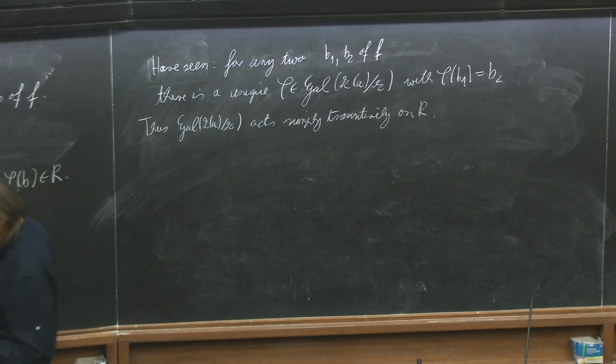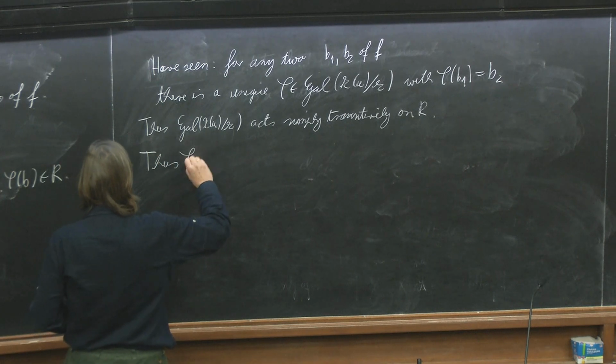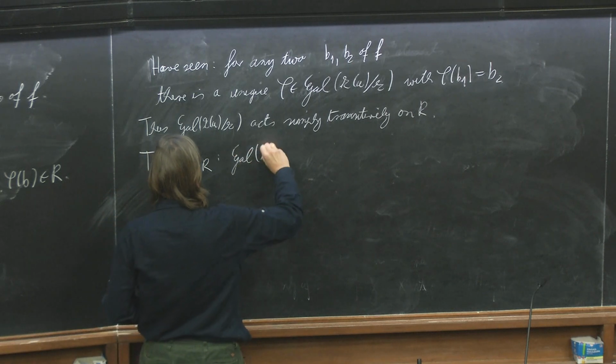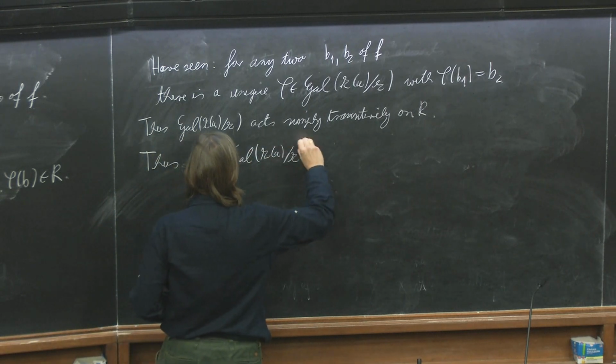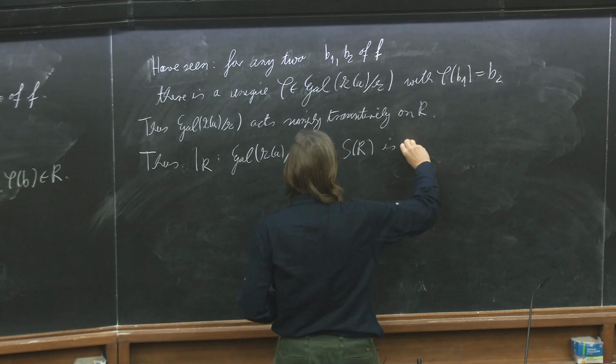And if it acts simply transitively, it also means that this map here, from here to here, is injective. So thus, restriction to R from the Galois group of Ka over K to S of R is injective.